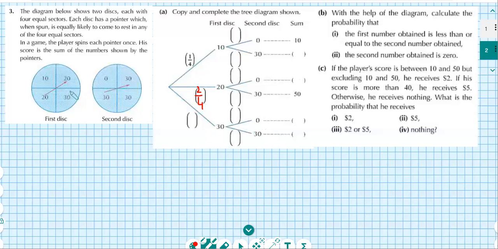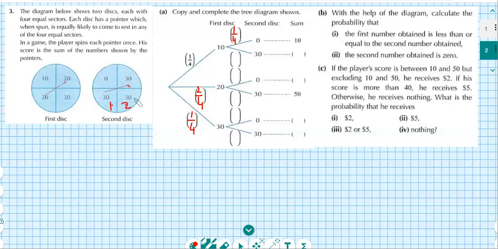For getting 30, there is only one sector of 30, so 1 over 4. Similarly, for the second disk, getting 0, the probability will be 1/4 because there is only one sector which has 0 on it, divided by the total number of sectors, 4. For getting 30, there are 3 sectors, 1, 2, 3.